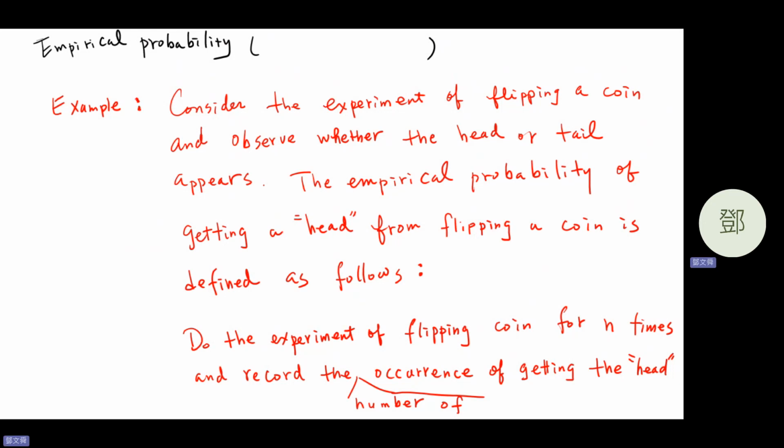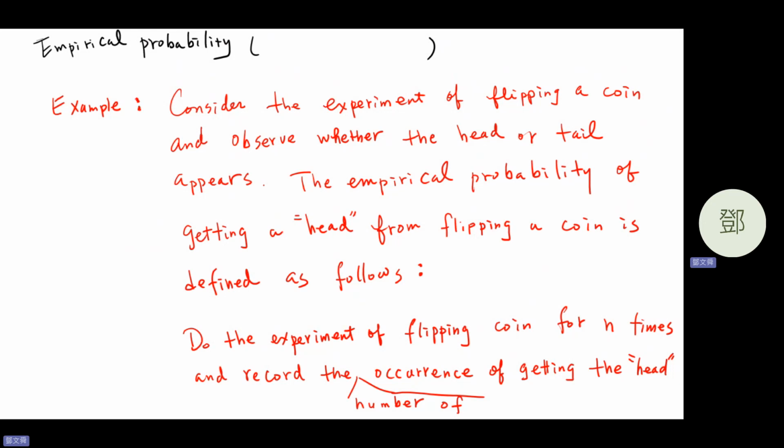What is the empirical probability? The probability of getting a head from flipping a coin is defined as follows. Do the experiment of flipping a coin n times.